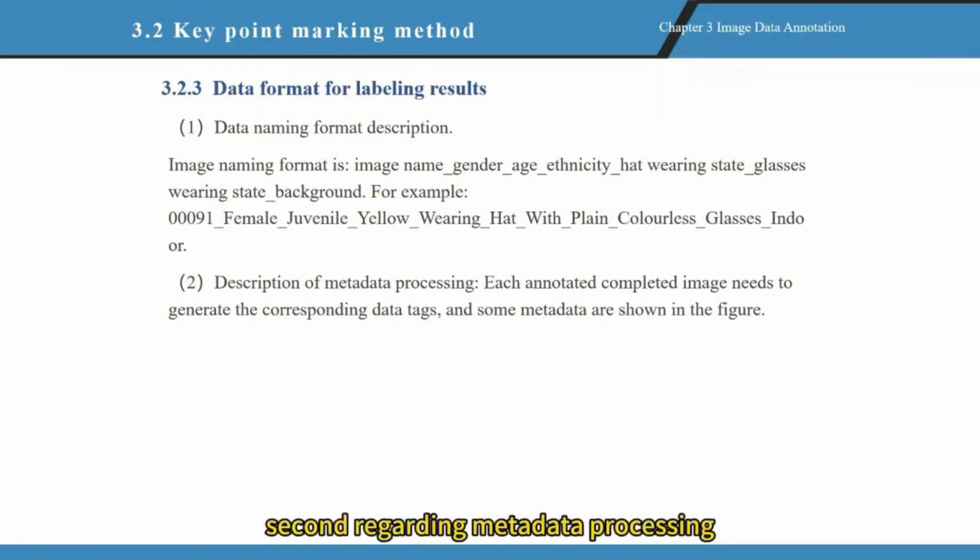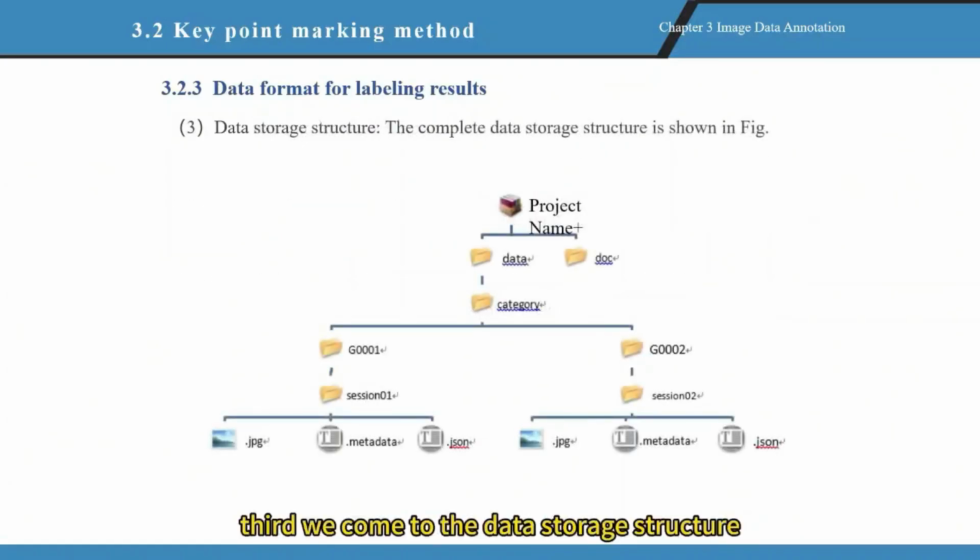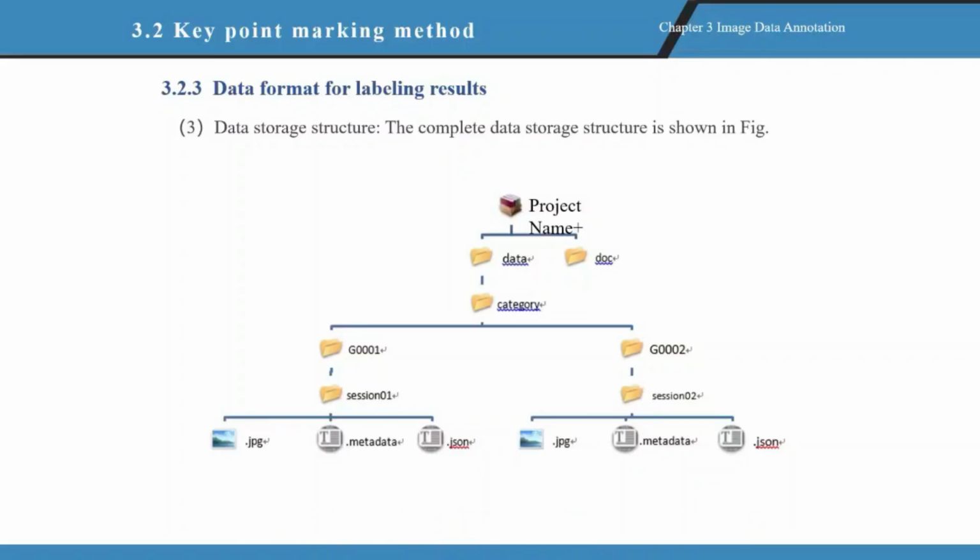Second, regarding metadata processing, each annotated image needs to generate corresponding data tags, and some metadata are shown in the figure. Third, we come to the data storage structure. The complete data storage structure is presented in the figure.